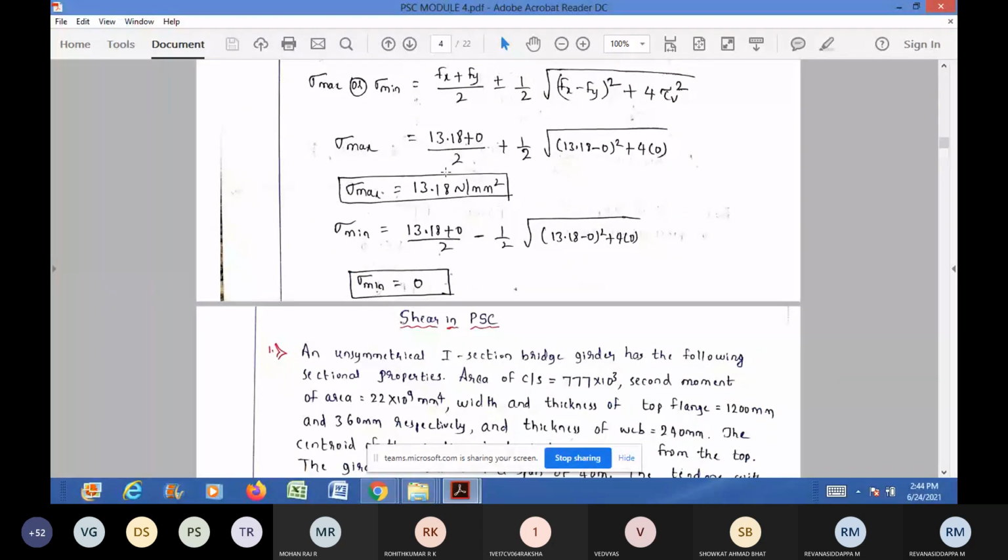Sigma max or sigma minimum is equal to fx plus fy whole divided by 2 plus or minus half of under root fx minus fy whole square plus 4 tau v square. Write that formula.